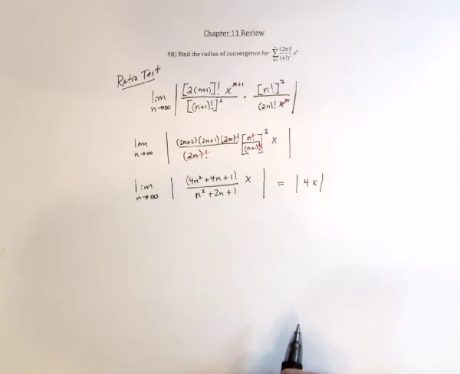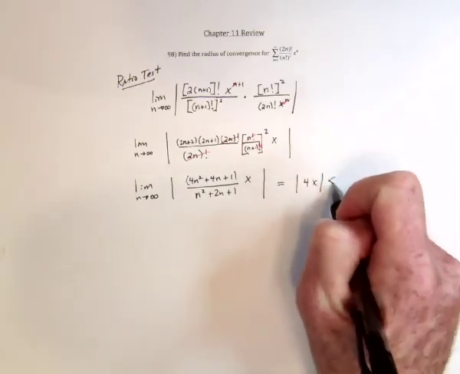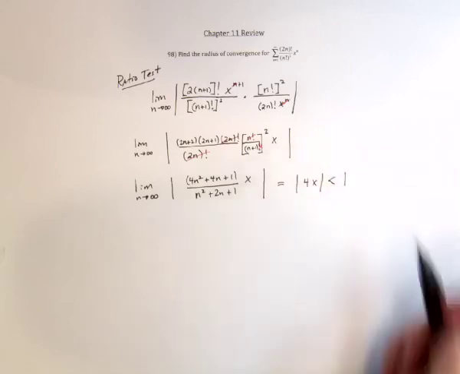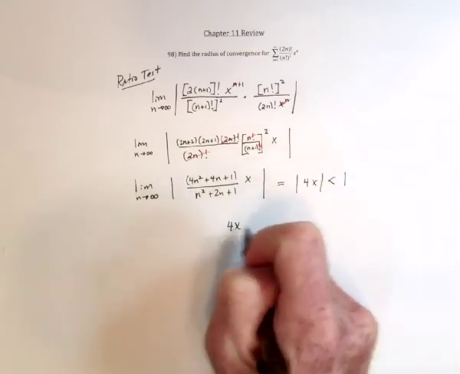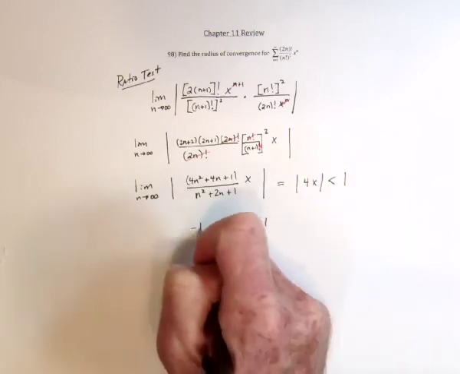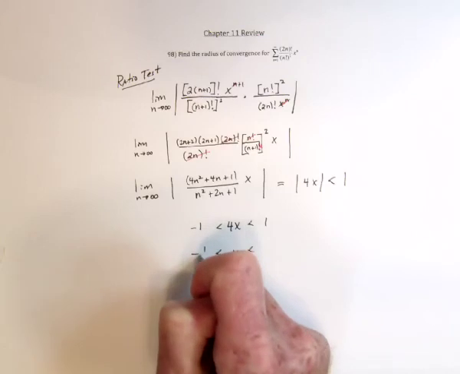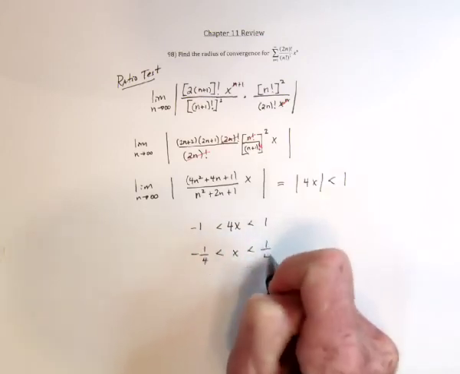So this means that we've got the absolute value of 4x. Then the ratio test says that that converges if this is less than 1. So in other words, 4x is sandwiched between 1 and -1, or in other words, x is between -1/4 and 1/4.